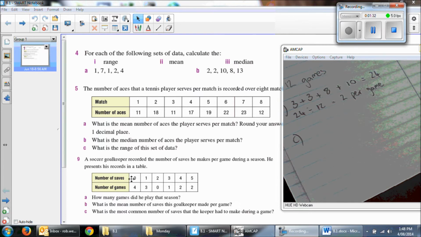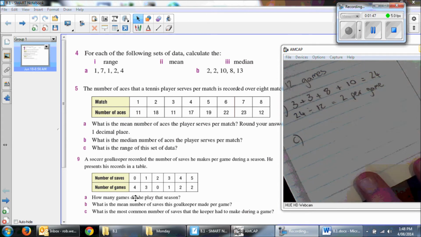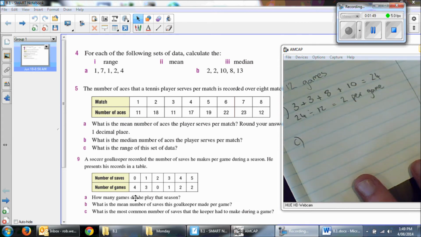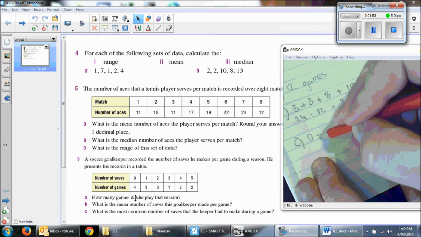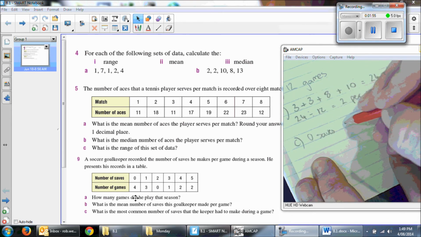Down here, he made 1 save 3 times, which is quite high, but the most common number of saves he made is actually 0 saves, because there were 4 occasions where he made 0 saves. So 0 saves was the most common.